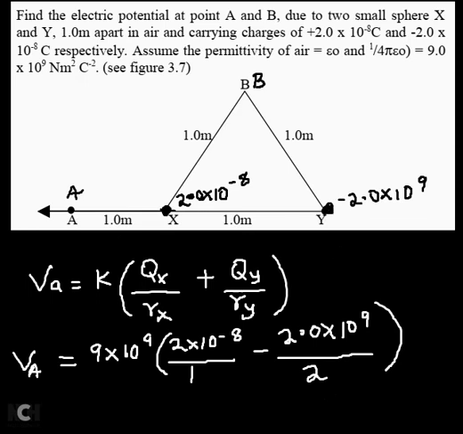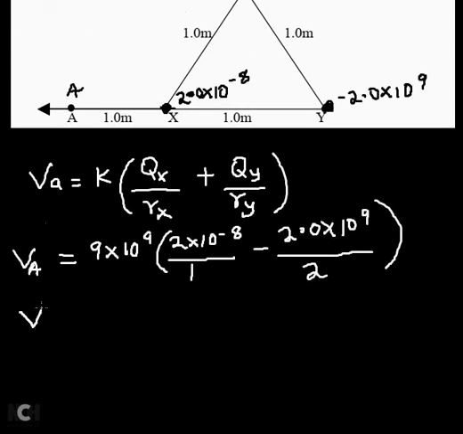So let's finalize our answer. This is equal to 9 times 10 raised to the power of 9, bracket open. When I divide by 1, I have 2 times 10 raised to the power of minus 8.